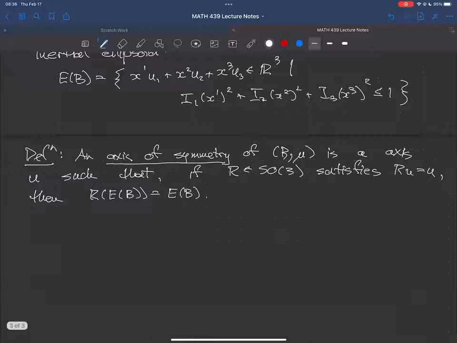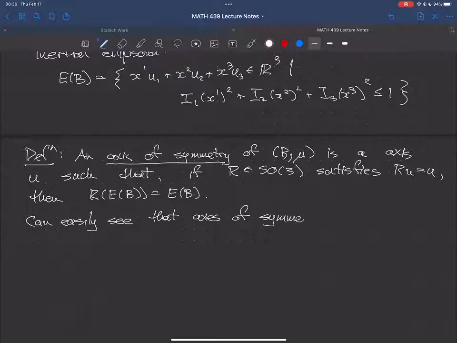And so what you can deduce from this relatively easily, you can easily see that axes of symmetry are principal axes. First, and moreover, okay, so think about what this inertial ellipsoid looks like, okay?